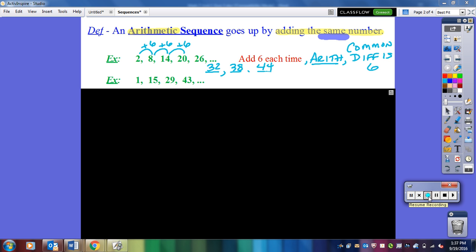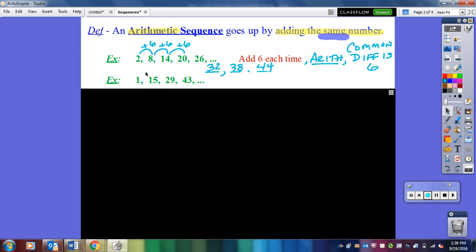This next pattern, 1, 15, 29, 43. What's the pattern in this one? I'll give you a hint, it's going to be arithmetic because it falls into the arithmetic category. But what is the specific pattern for this one? Adding 14.